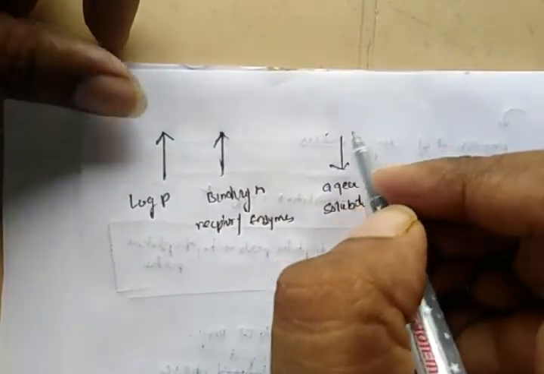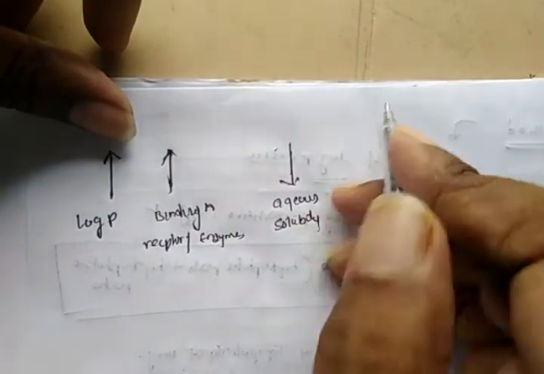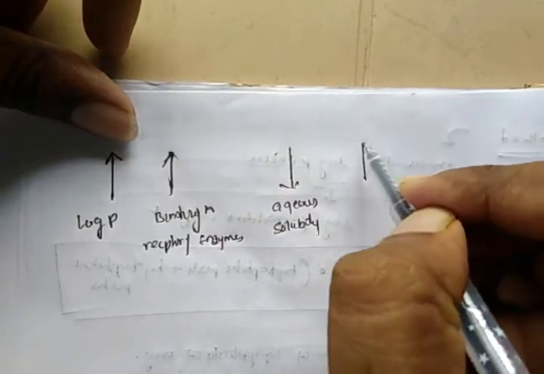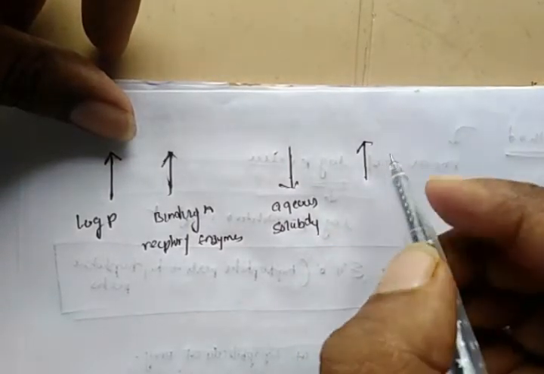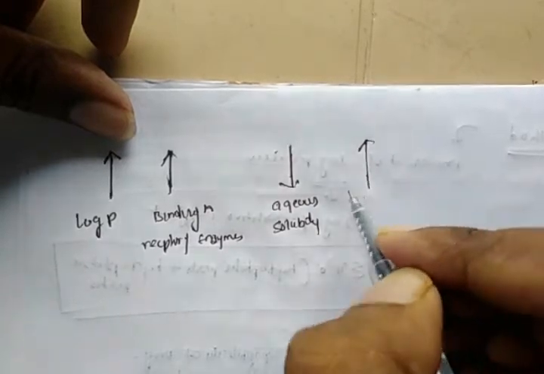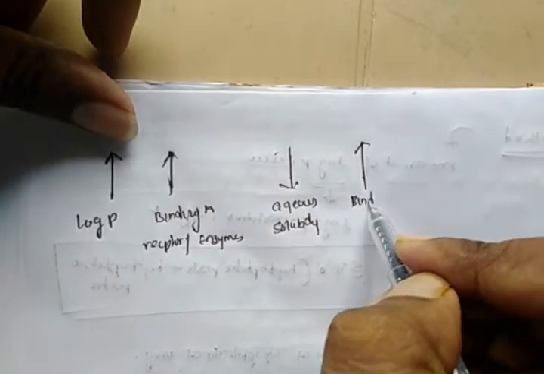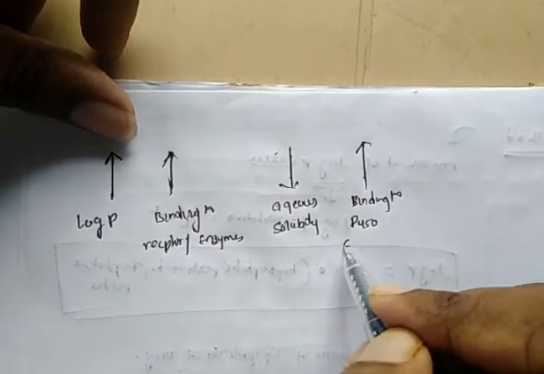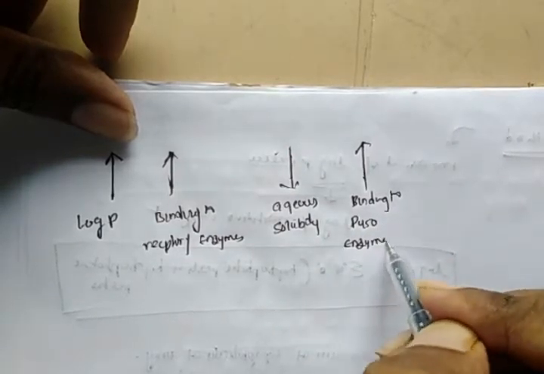So we are establishing various relations between various parameters. If the drug has a higher log P value, binding to the P450 enzyme increases.